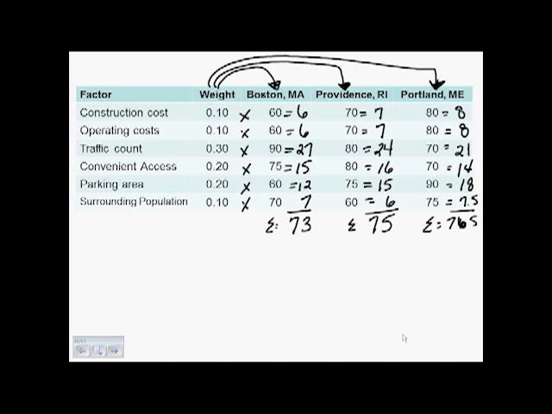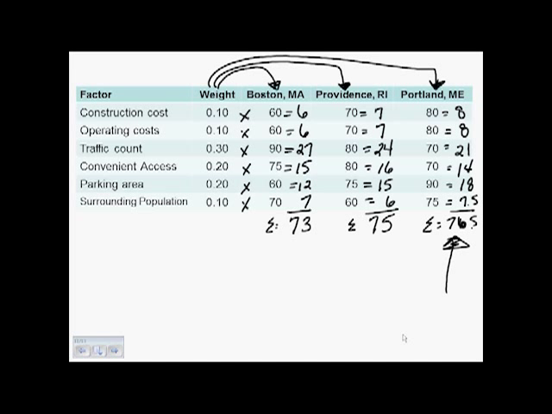But taking the points that they've earned, or subjectively we said that they rated at this 0 to 100, and adding them up given the weights, Portland, Maine, with a weighted score of 76.5, has the best score.